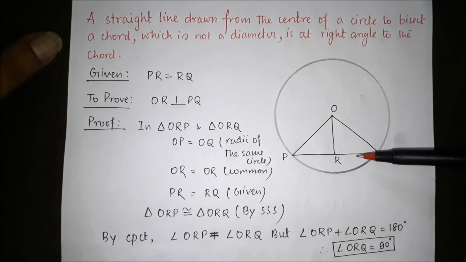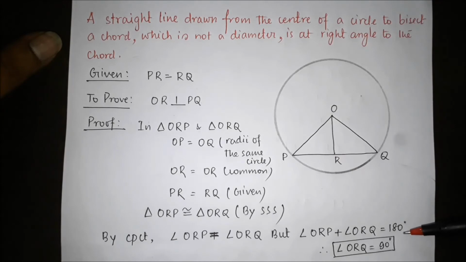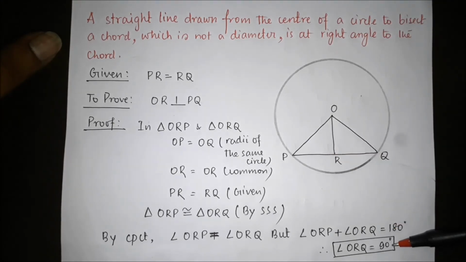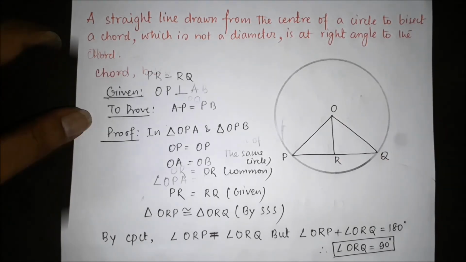So you can see that these two triangles are congruent by the SSS rule. Now by CPCT these two angles are equal. But the sum of these two angles is equal to 180 degrees. That means each angle is equal to 90 degrees. This proves that OR is perpendicular to PQ.